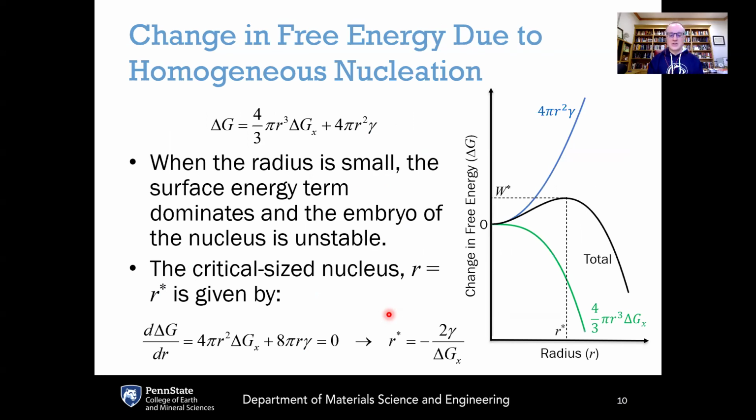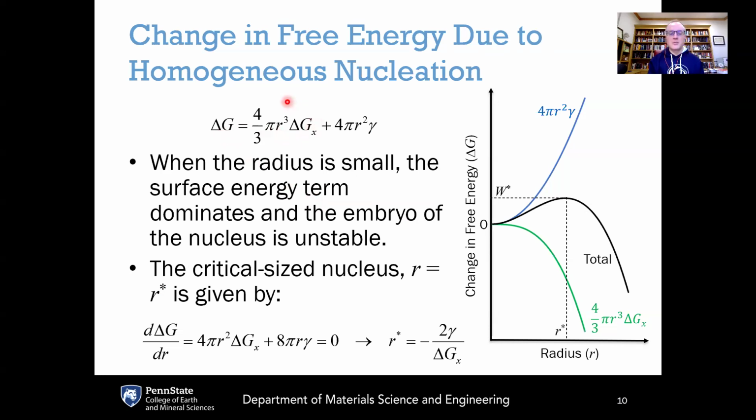First is that it assumes that the nucleus is spherical, because it's easier to deal with the physics of a nucleus if it is described as a sphere. And it's also assumed to have a sharp interface between the nucleus and the disordered matrix phase, for example, the liquid phase. And therefore, the change of free energy for forming a nucleus has two terms to it.